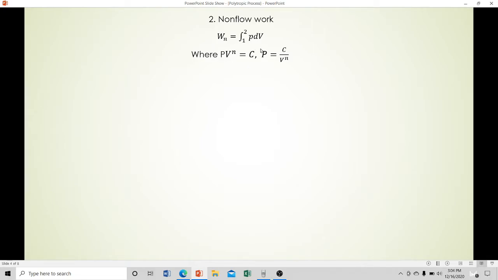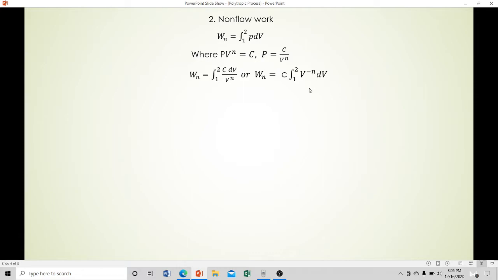So if we substitute this pressure into this equation, your equation becomes work non-flow equals the integration from 2 to 1 of C dV over V^n, or we can rewrite it in this form: work done non-flow equals C times the integration from 2 to 1 of V^(-n) dV.